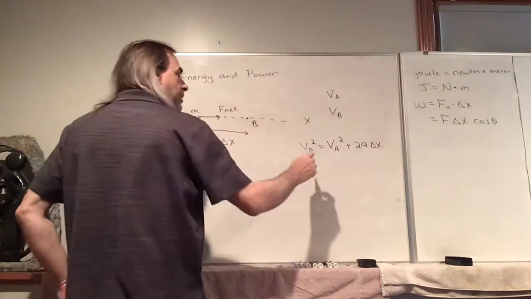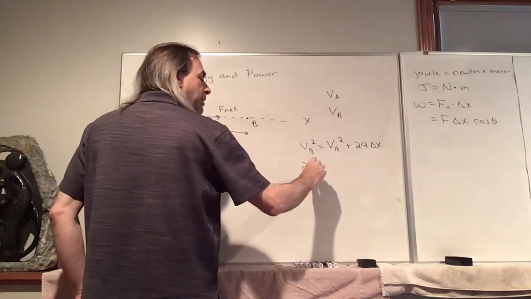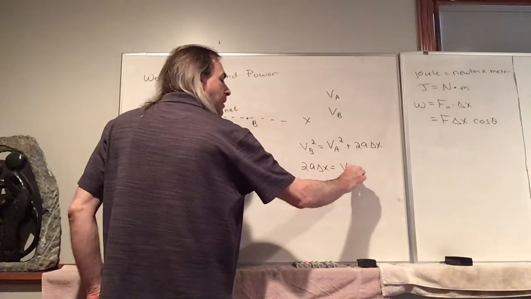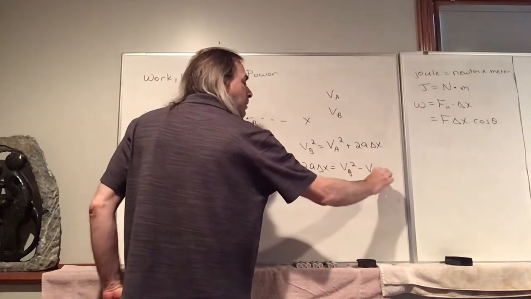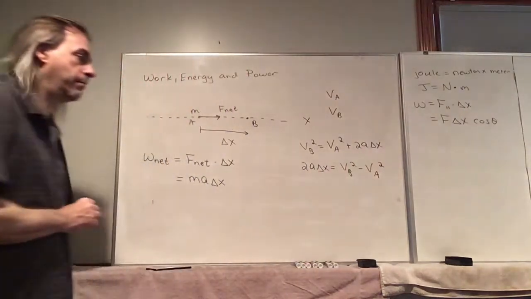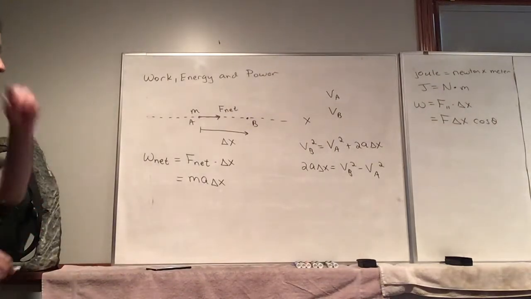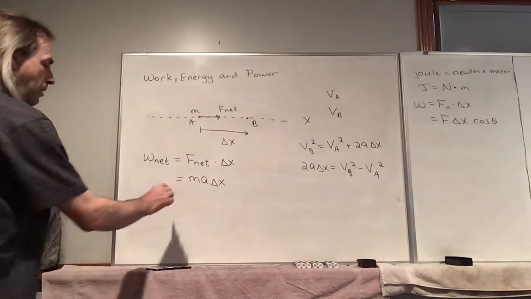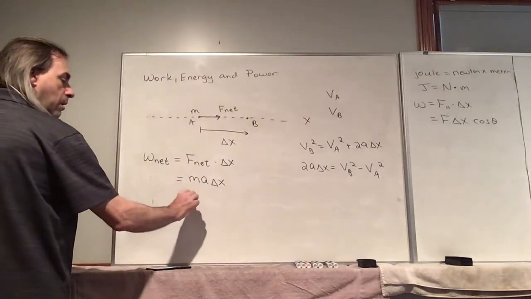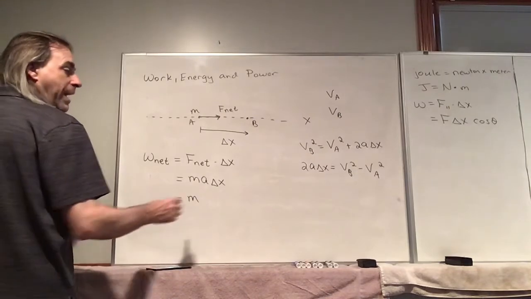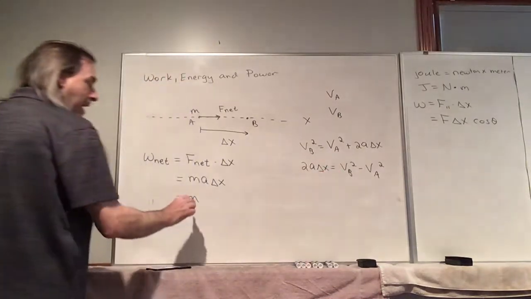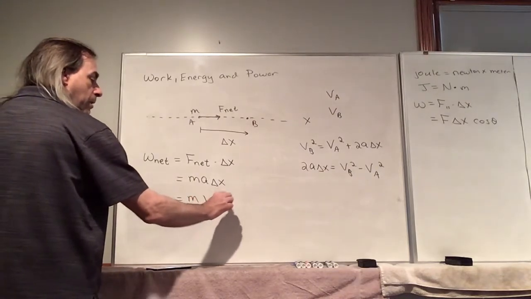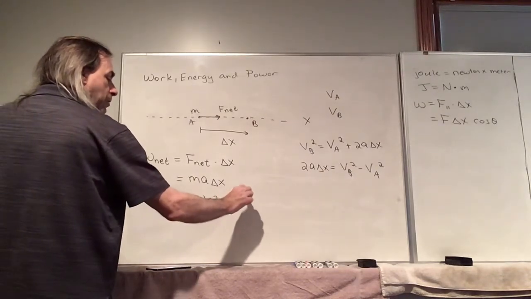So let's rearrange things a little bit. We can say 2A delta x is equal to VB squared minus VA squared. And then if we divide by 2, we have A delta x by itself. A delta x equals 1/2 times VB squared minus VA squared.